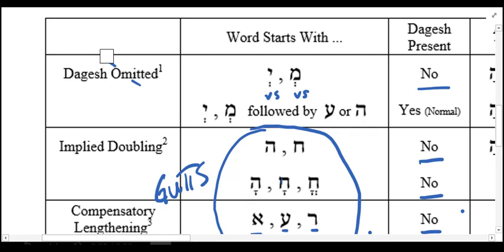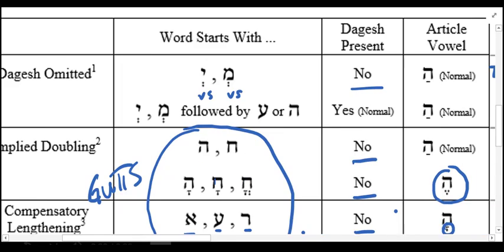There are some times when you're not dealing with a guttural as the first consonant of the word, but there's still some funny things that happen with the article. And that is where if I had a word that starts with a y or a m, okay, now notice I'm vocalizing the shava here because these would be at the beginning of the word, right?